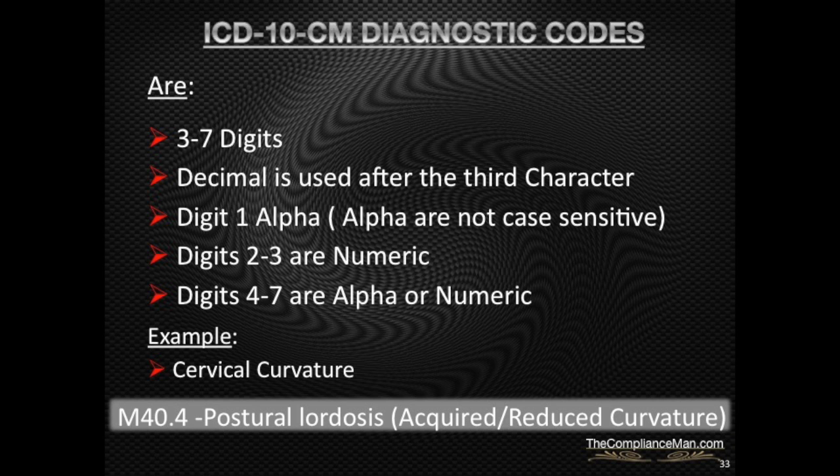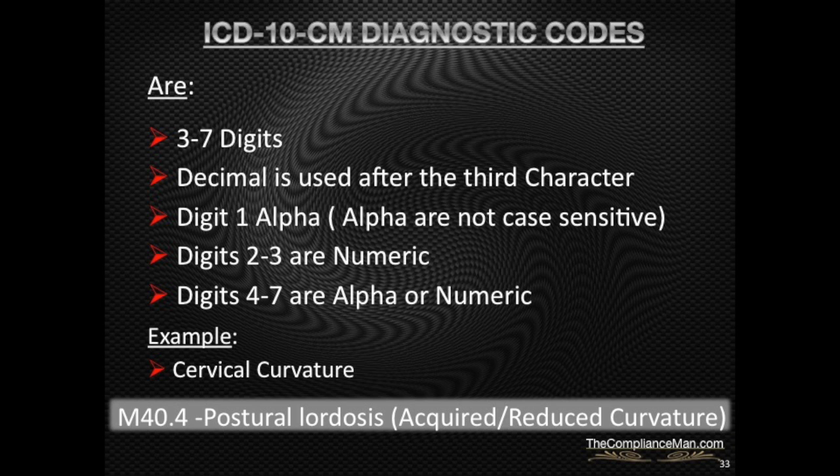The ICD-10 codes are 3 to 7 digits in length. The decimal is always used after the third character, and the first digit is an alpha digit, and it is not case sensitive. Digits 2 and 3 are always numeric, and then digits 4 through 7 can be alpha or numeric.